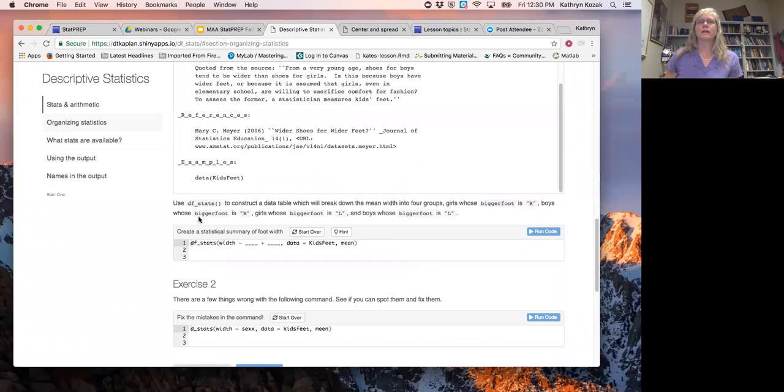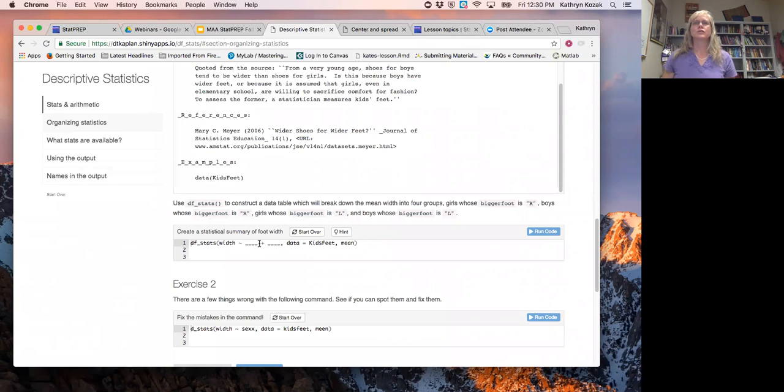And then this one allows your students to play around a little bit more with it, where they're actually having to put in what information they want. So we're going to use the df stats to construct a data table, which will break down the mean width for the 4 groups: girls whose bigger foot is the right foot, and boys whose bigger foot is the right foot. Girls whose bigger foot is the left, and boys whose bigger foot is the left also.